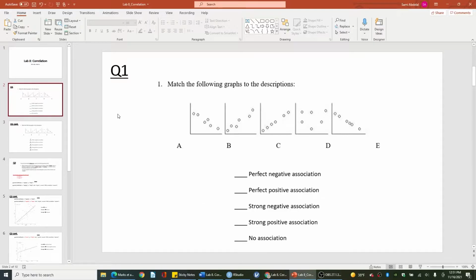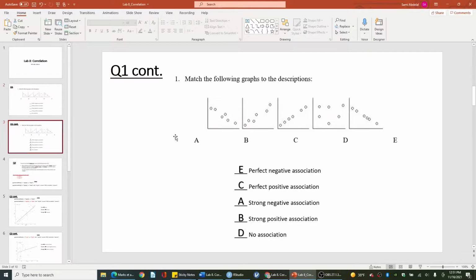When you look at these graphs, I know I gave you the answers here, but try and consider why these are what they are. E is considered a perfect negative association because of the form of the data. So it's linear.